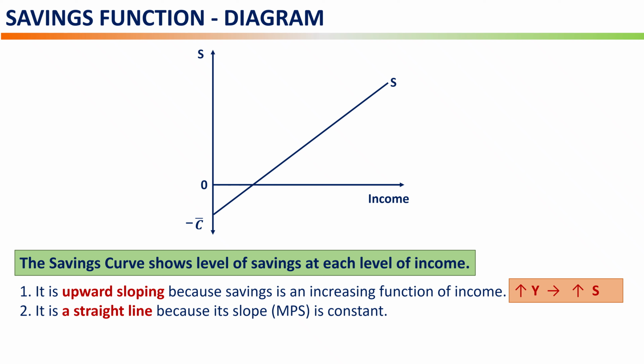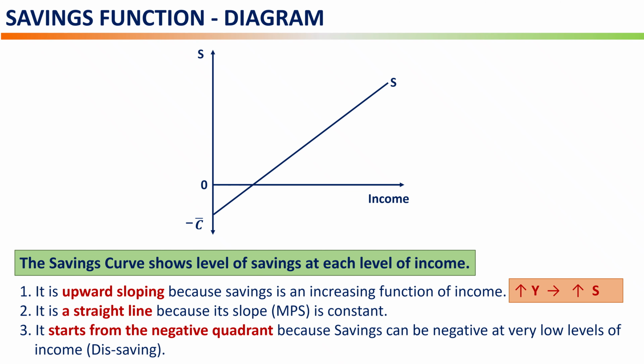Second, it is a straight line because its slope, MPS, is constant. Third, the savings curve starts from the negative quadrant because savings can be negative at very low levels of income or at 0 level of income, what we call dissaving.